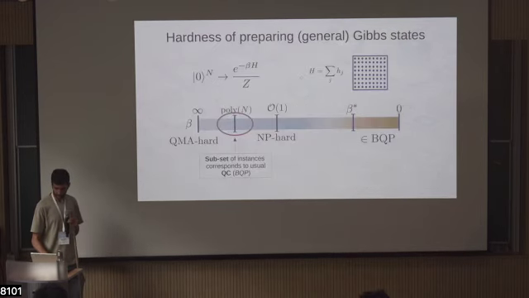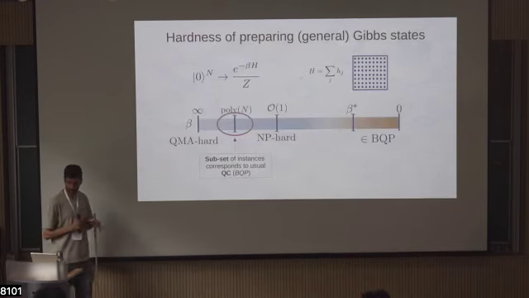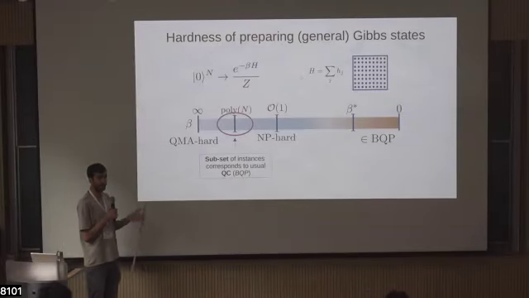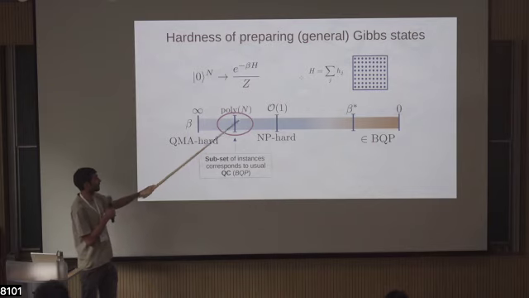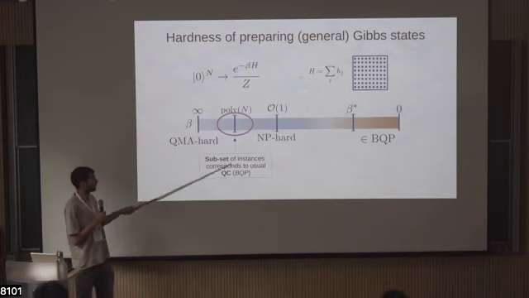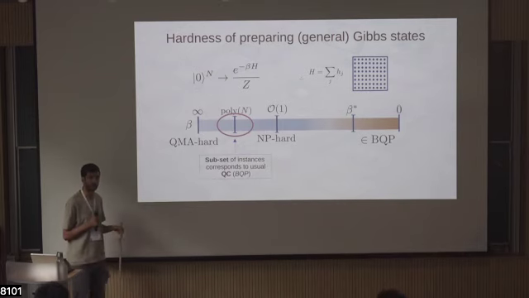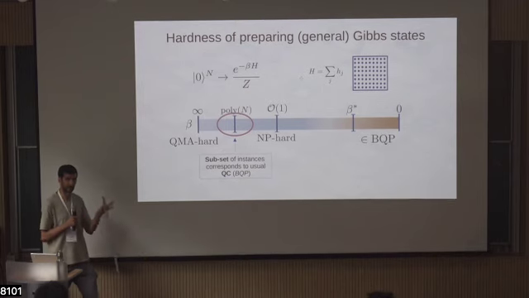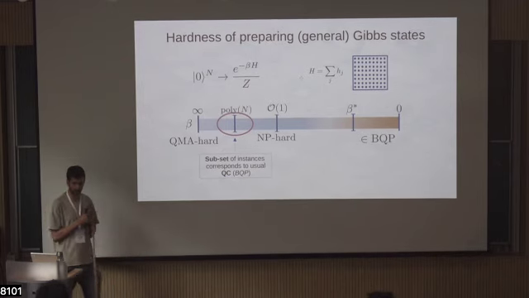Okay, so maybe just to put this into context a bit more, what we're showing essentially is that if you choose the Hamiltonian a bit carefully, and you're able to reach this regime, not for general Hamiltonians, but for a specific one, then here you're reproducing arbitrary quantum computations, right? But this is a bit different because we're choosing really the Hamiltonian very carefully. This is not a general Hamiltonian.